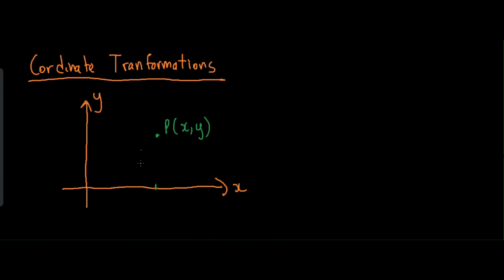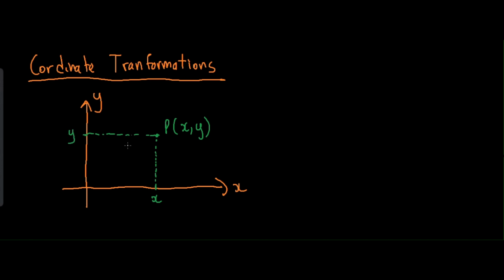But for simplicity, let's just keep it on the positive side for now. And well, we need some value up in y. So it's kind of like you're going in x and then up in y. The convention is to draw a dotted line to connect the point. So for each point on the Cartesian plane, or the x and y axis, there's a corresponding x value and there's a corresponding y value.